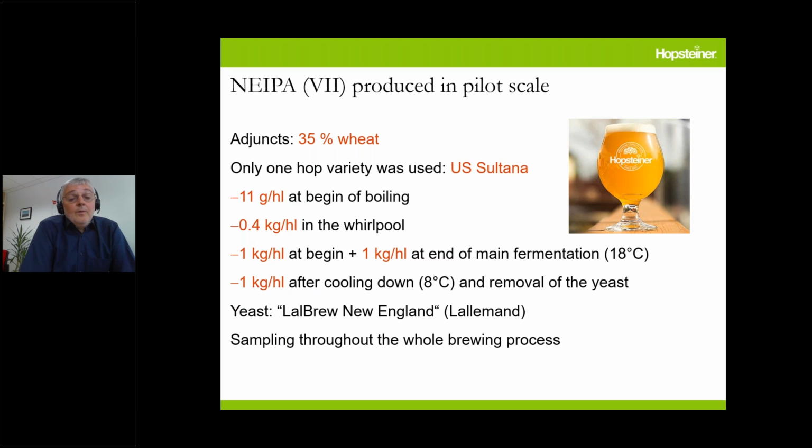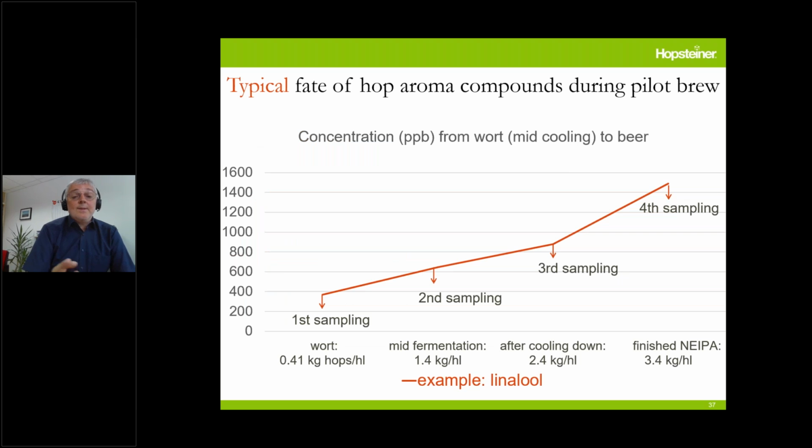The yeast that was used was the Lalbrew New England from Lallemand, and we did a sampling throughout the whole brewing process. And this is the result. As one example, here is the linalool given, and most of the compounds showed the same behavior as linalool. So this is the typical fate of hop aroma compounds during the pilot brew.